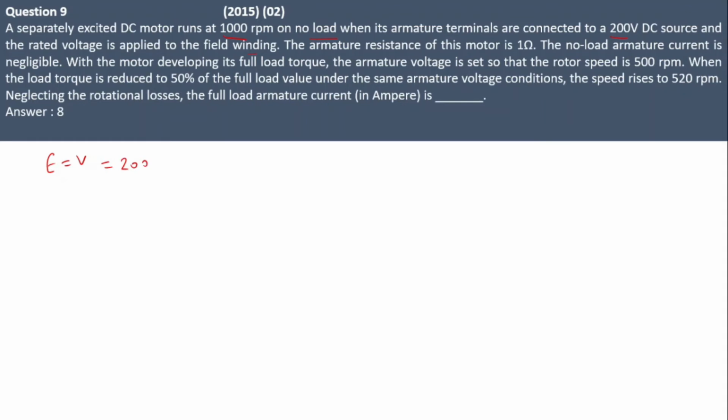With the motor developing its full load torque, the armature voltage is set so that the speed is 500 rpm. So at full load torque, speed is 500 rpm and terminal voltage you don't know.